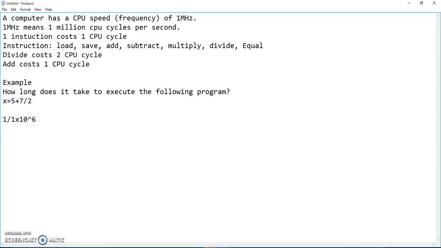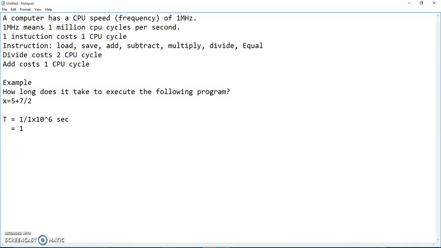That means for one instruction, like this is a time, we can say t equals that. So this CPU can execute one instruction with 1 over 1 times 10 to the 6 second, which is equivalent to what?